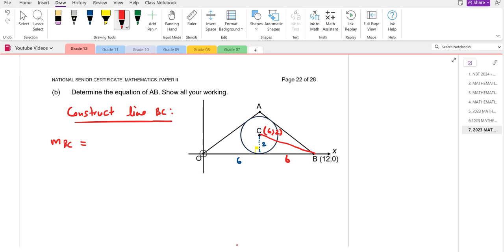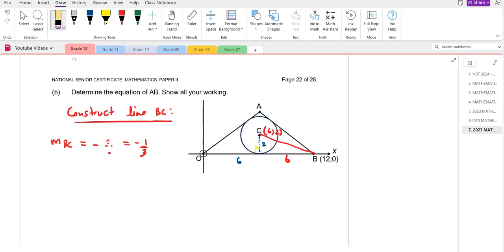The gradient of BC is 2 over 6, so negative 2 over 6. That should give you negative 1/3, because that's change in y over change in x. Let's work it out like this.